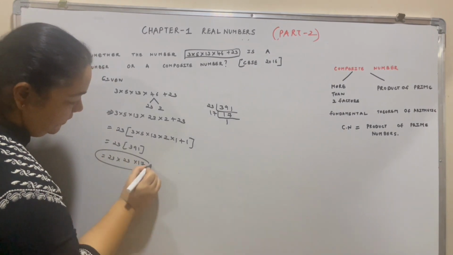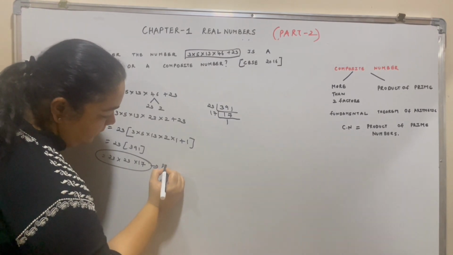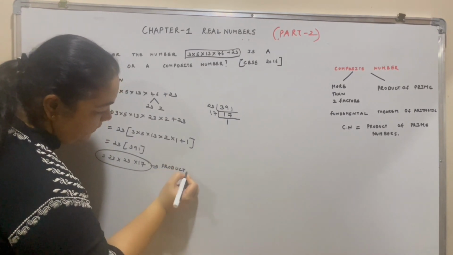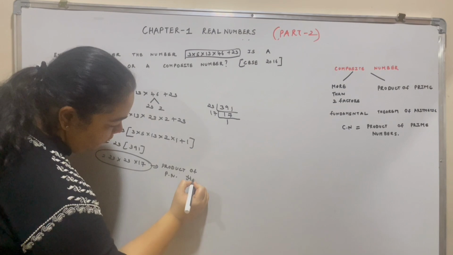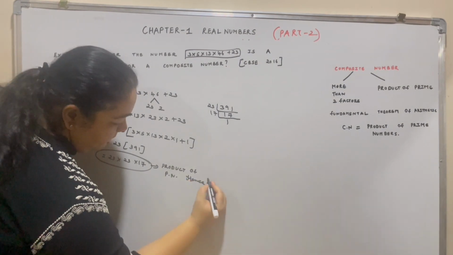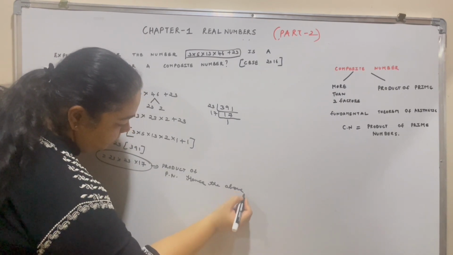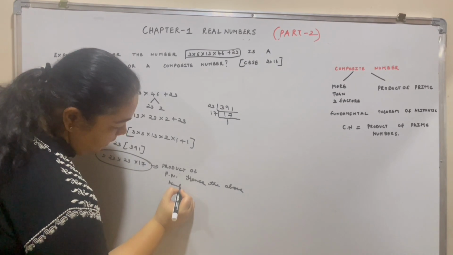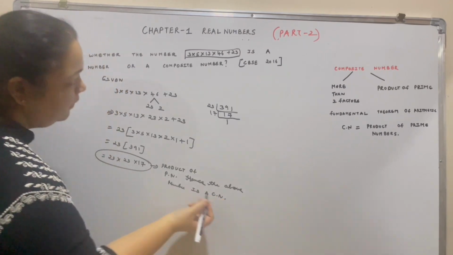This is a product of primes, so hence it is a composite number. Hence the above number is a composite number.